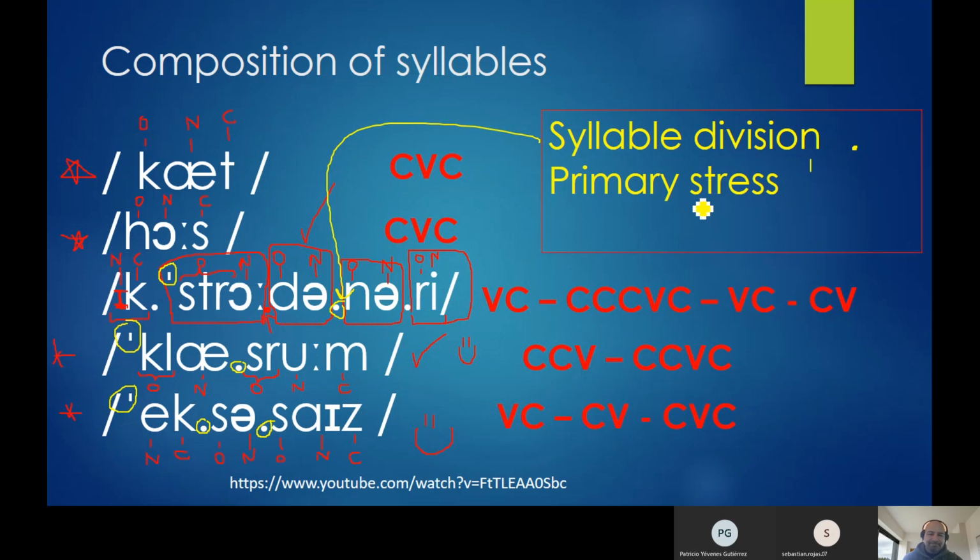We're going to see this in some exercises that will hopefully clarify these ideas. Remember that if you have a word with two syllables, there's always one that will be stressed. If we have words containing three, four, five, or more syllables, there will always be one in which the primary stress is placed.